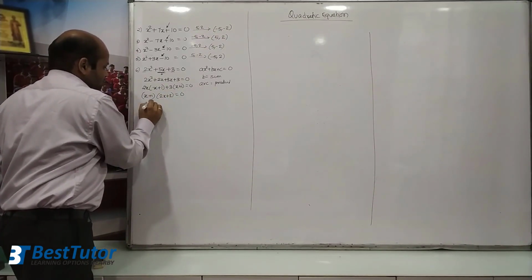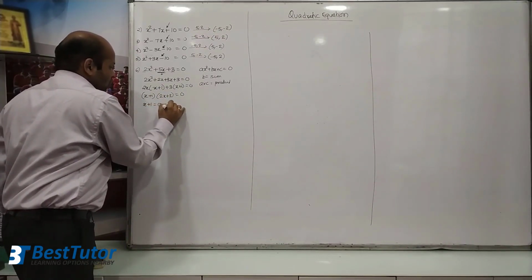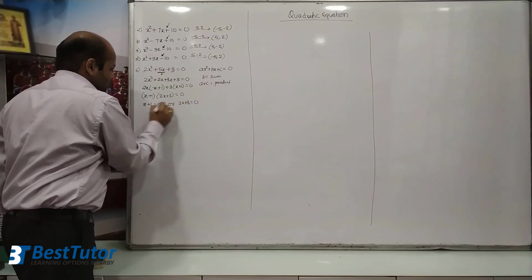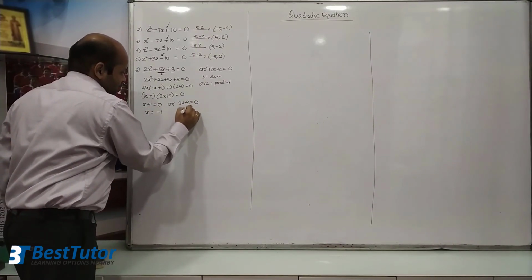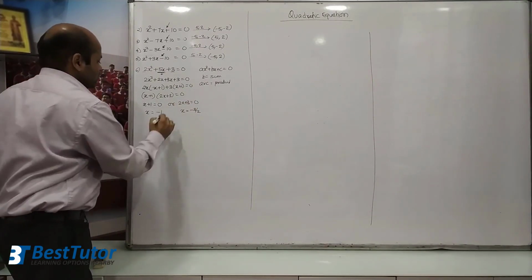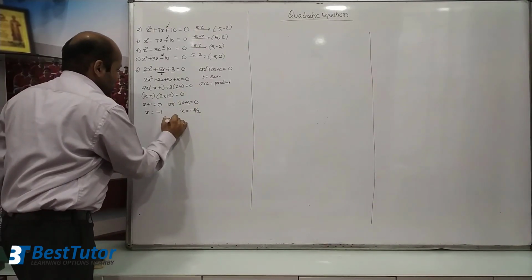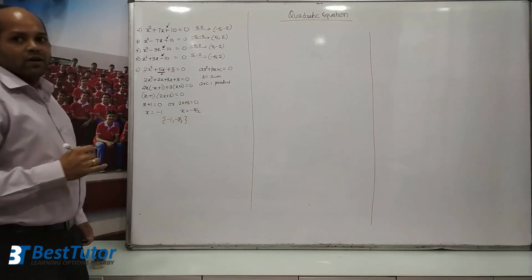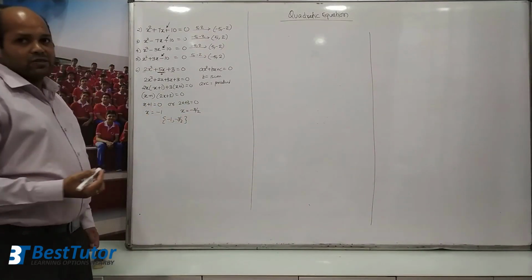I get x plus 1 equal to 0 or 2x plus 3 equal to 0. x equal to minus 1, x equal to minus 3/2. So the roots are minus 1 and minus 3/2. This requires step by step.